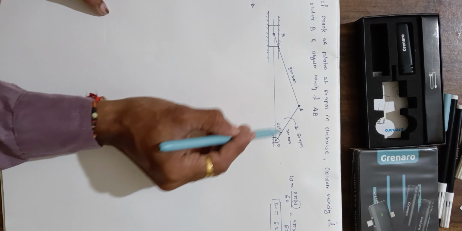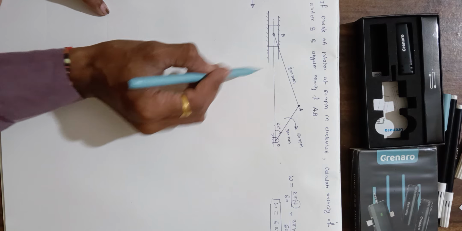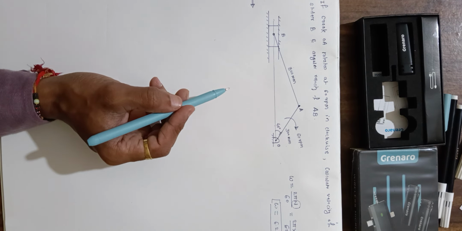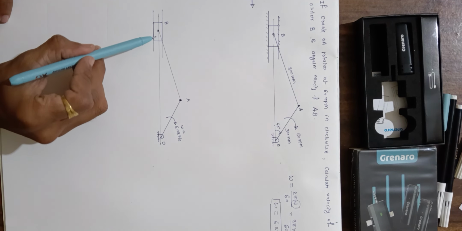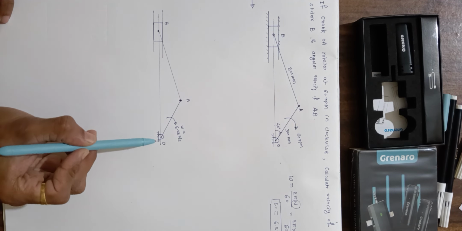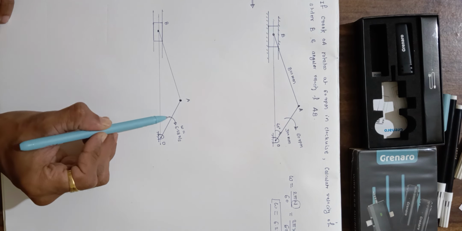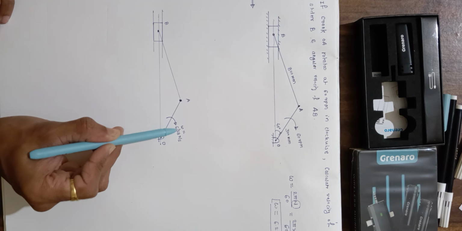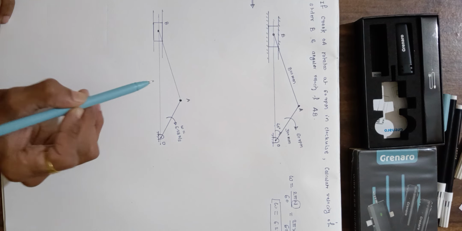Now draw the given diagram as it is and locate the ICR. So this is the given system. Here crank OA rotates in the clockwise direction. Omega is 6.28.